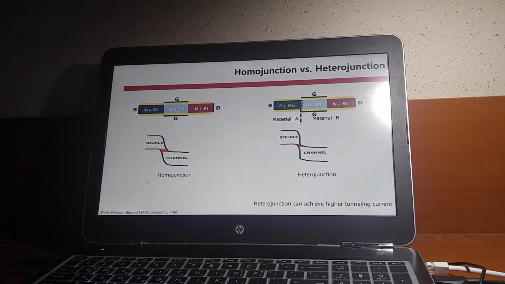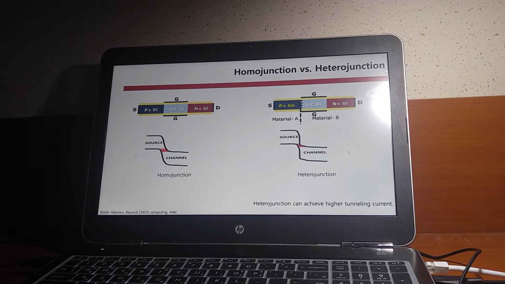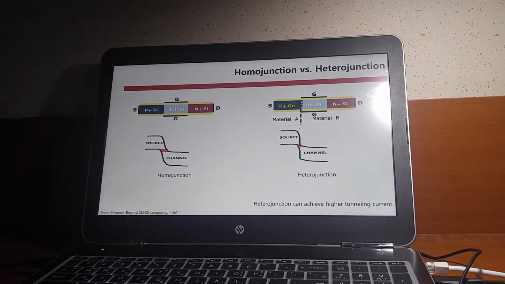The left side is like a PN diode, a PN junction. It has a bigger depletion region than the heterojunction. So the heterojunction has more carriers that tunnel through the barrier.